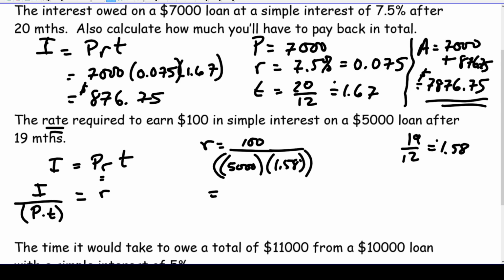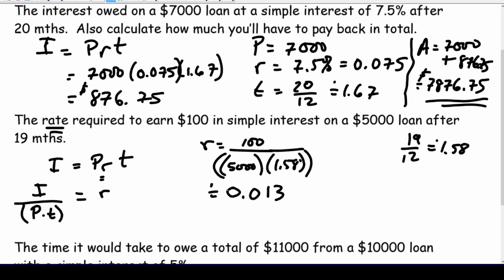So we've got 100 divided by bracket 5,000 times 1.58, close the bracket, equals 0.012, or 0.013 if we round it off.